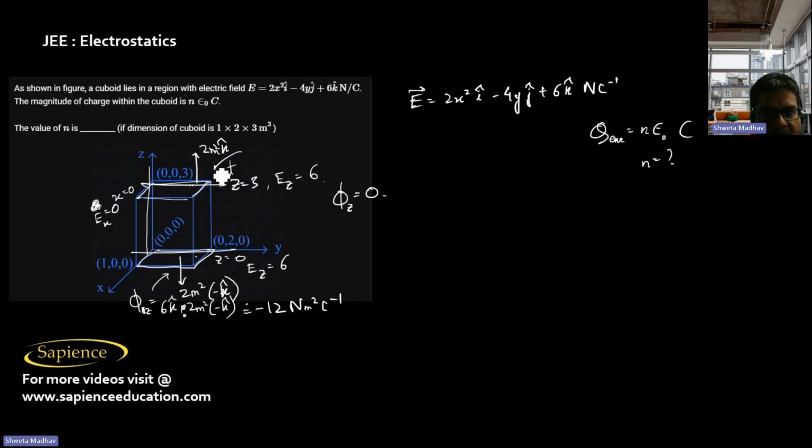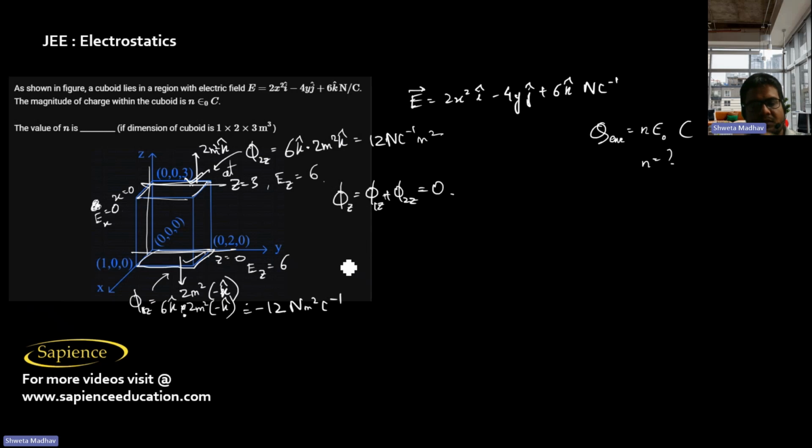For the other surface, the flux phi 2z is 6 k cap dot 2 meter square k cap, which is 12 Newton meter square per coulomb. So these two cancel out. So phi z, that is phi 1z plus phi 2z, will be 0. So the net flux through the top and bottom surfaces is 0.